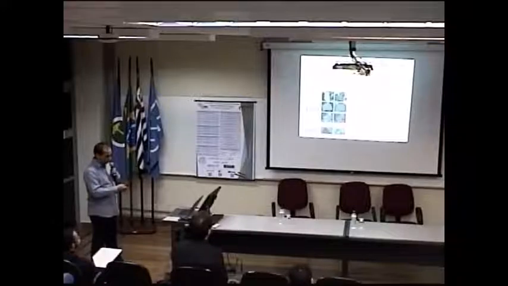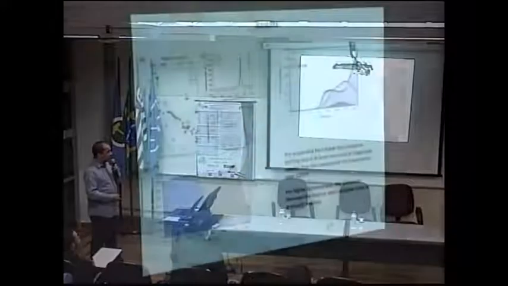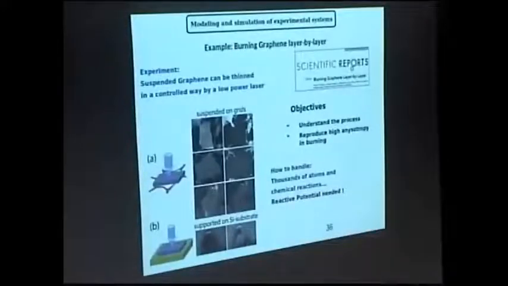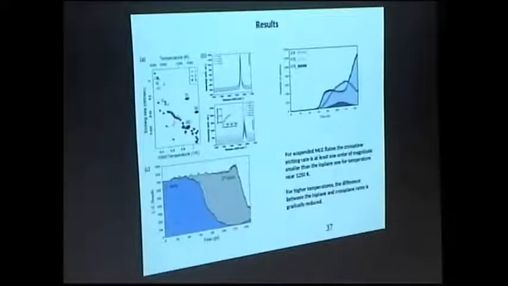Then we built a nice atomistic model, and it could describe quite well the data that he obtained. And then we saw that the system burns one layer, and then another layer starts to be burned just when the first is almost finished. Okay, I had a nice movie about this, but it's not here today.